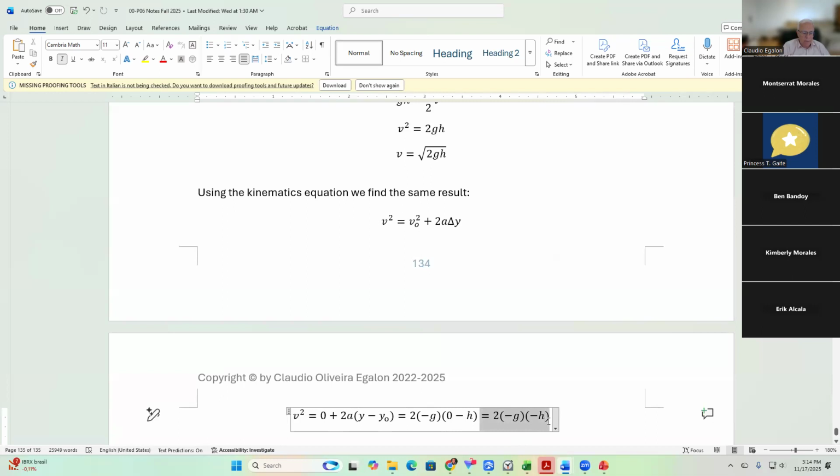We're going to do that in the next step. 2gh, right?